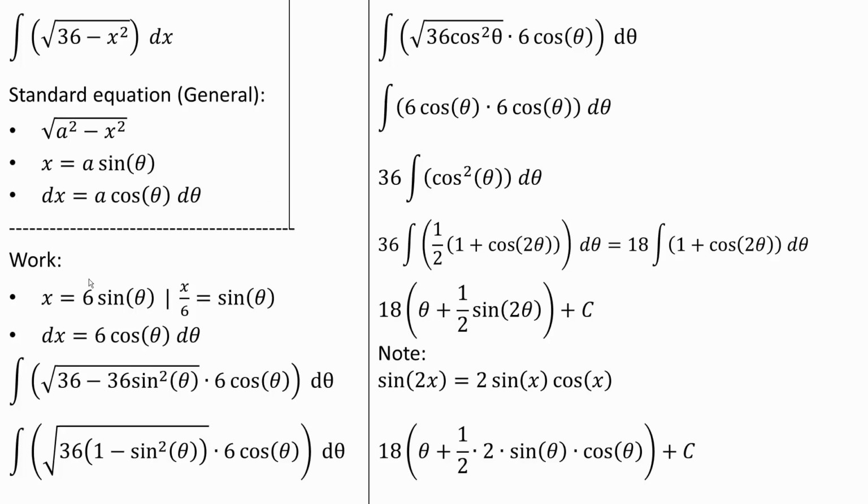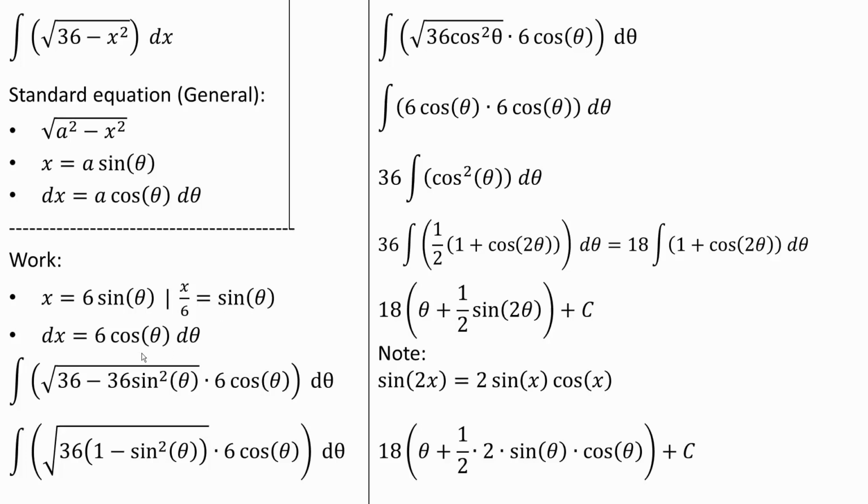Now in our case, our a term will be 6, because 6 squared is 36. And so we would have x is equal to 6 sine theta, and so our dx is equal to 6 cosine theta d theta. You can also rearrange this and say that x divided by 6 is equal to sine theta.